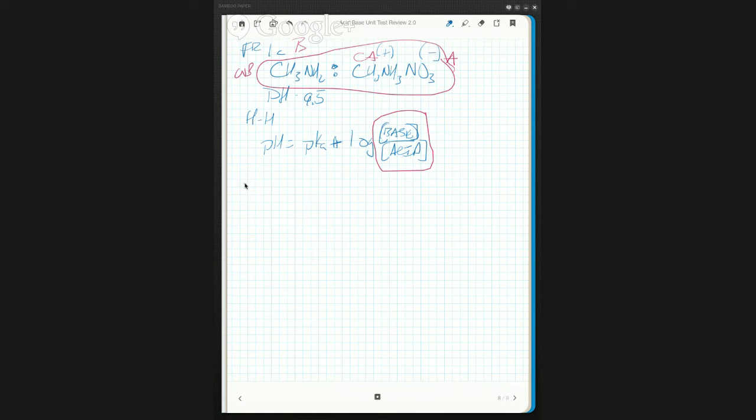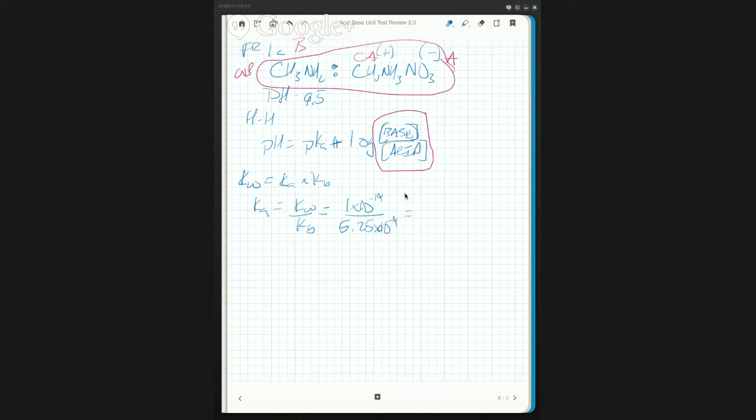And I want to talk about the relation: Kw is equal to Ka times Kb. So to manipulate this, we want to know Ka, which is equal to Kw divided by Kb, which is equal to 1 times 10 to the negative 14th divided by 5.25 times 10 to the negative 4th.